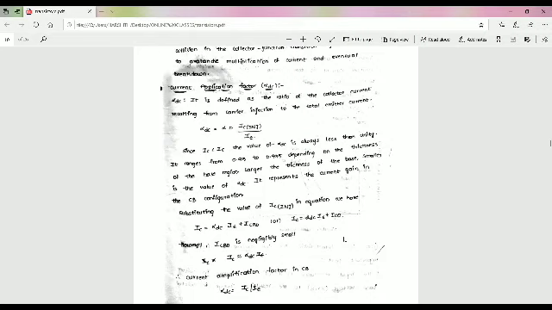The value of alpha DC is always less than unity. Alpha is always less than unity. It ranges from 0.95 to 0.995 depending upon the thickness of the base region. The larger the thickness of the base, the smaller is the value of alpha DC. Okay, it represents the current gain in the CB configuration.